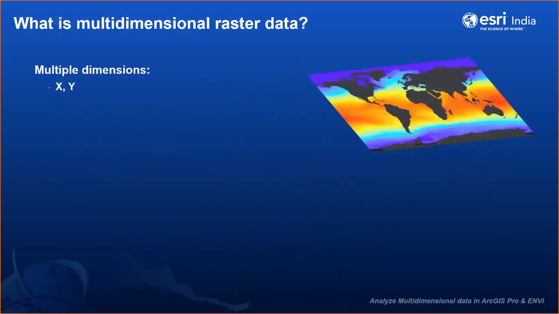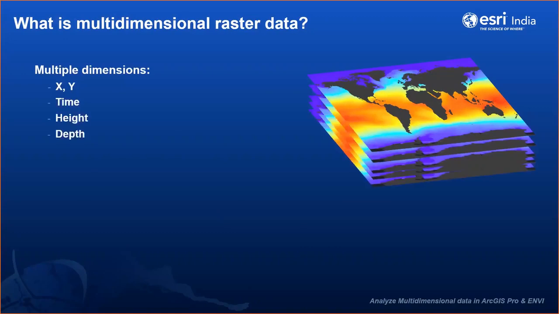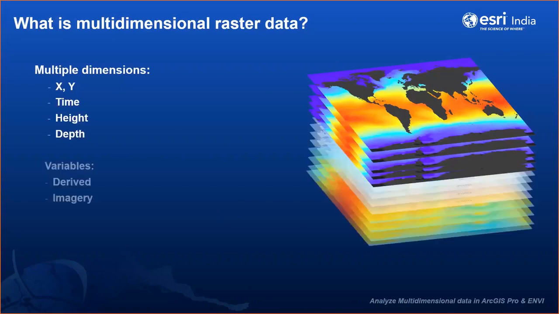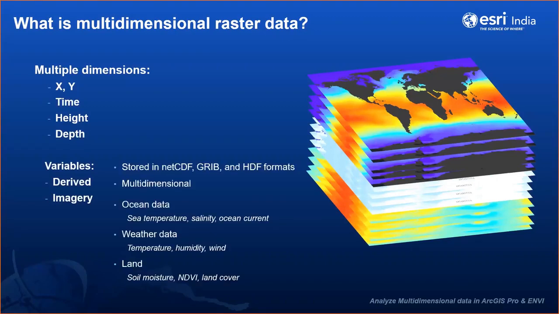ArcGIS Pro has capabilities to analyze these data sets in two dimensions, X and Y. Along with that is time, which refers to T, and depth is Z, and some other variables like derived and different imageries. So each slice contains certain information which gives the different variables. NetCDF can also be accessed and worked on in the different structures.